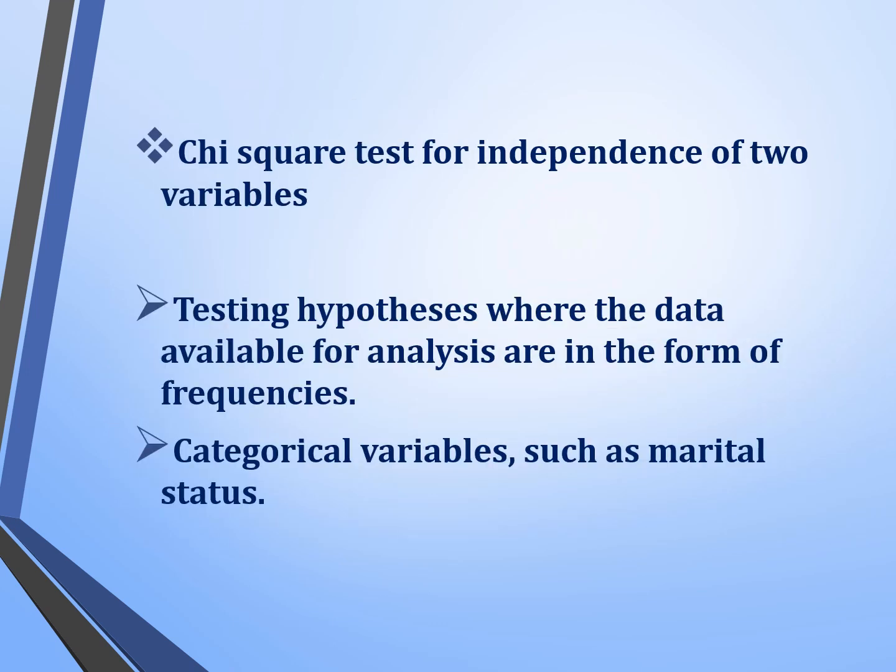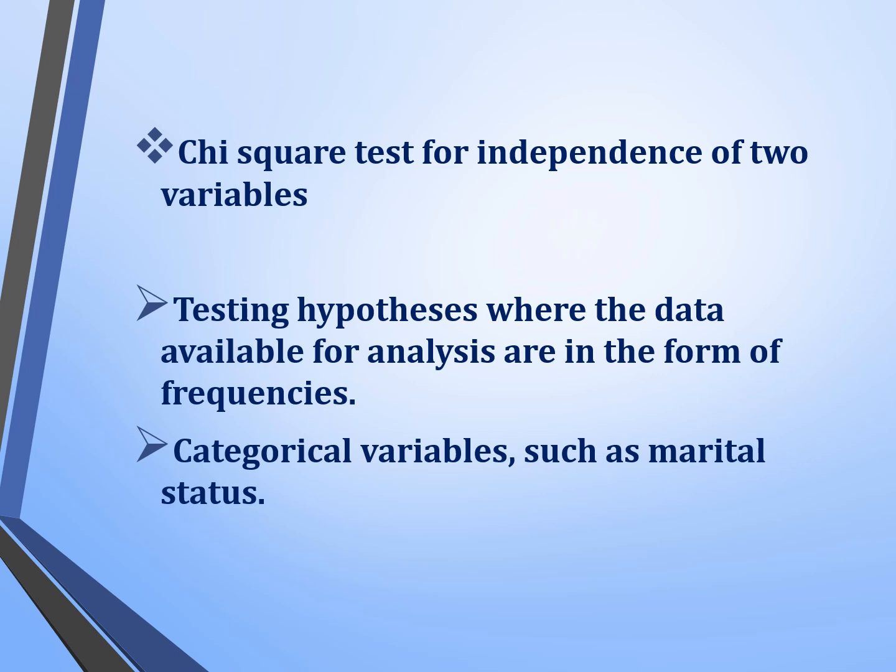The second type is chi-square test for independence of 2 variables. Chi-square distribution can be used for testing hypotheses where the data available for analysis are in the form of frequencies. Chi-square statistic is most appropriate for use with categorical variables, such as marital status.